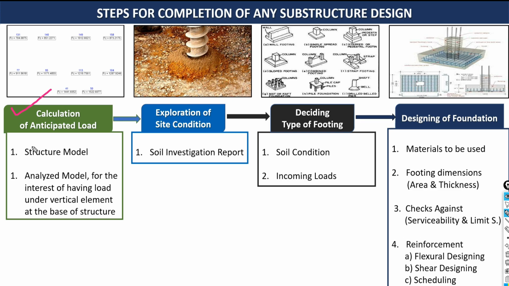Any kind of superstructure modeling software you can use for finding the base reaction, the loading under a particular column, particular element. After completion of the modeling, we perform the analysis, and we get to know how much force is coming under the column. So these two things we have to perform to calculate the anticipated load under the column.